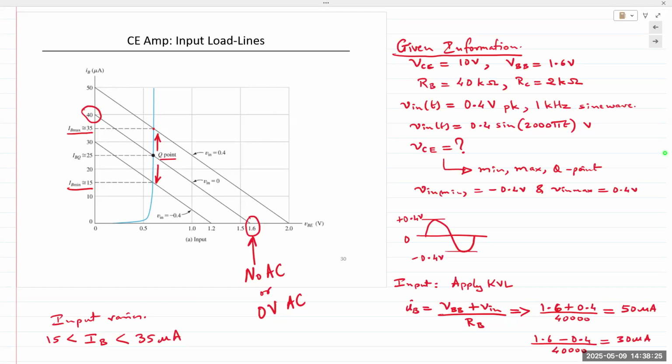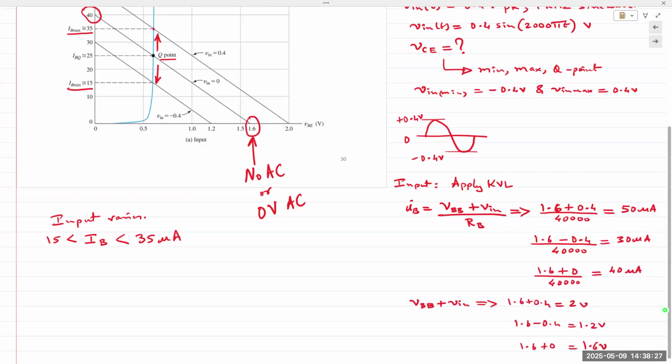Now, let's say we apply this input signal. It's moving from 0 to plus 0.4, down to 0, and then minus 0.4 and back to 0. So maximum would be plus 0.4, minimum would be minus 0.4, giving us a corresponding IB value of 50 microamps and 30 microamps.